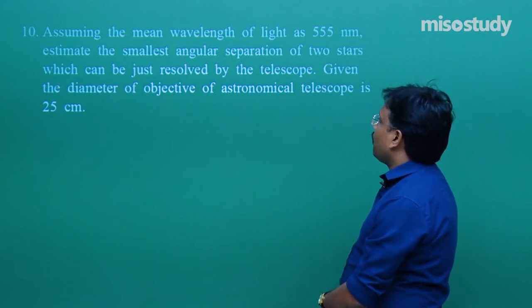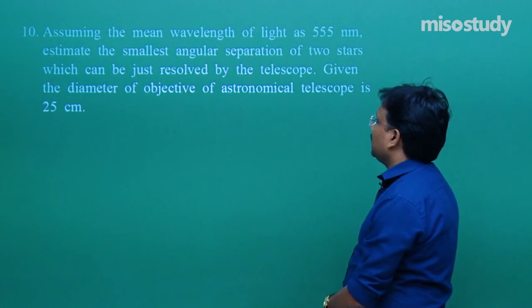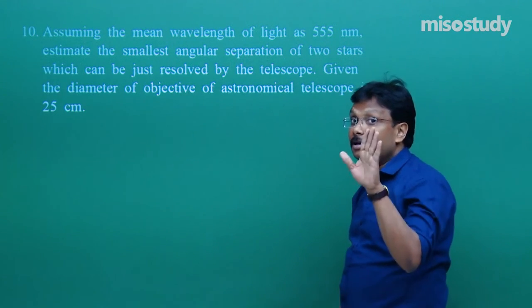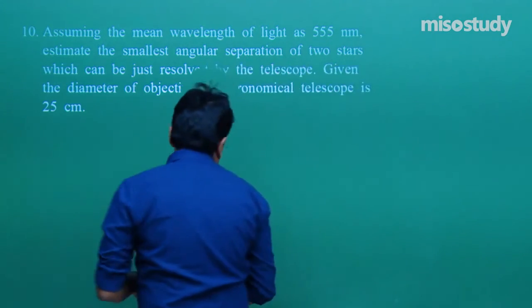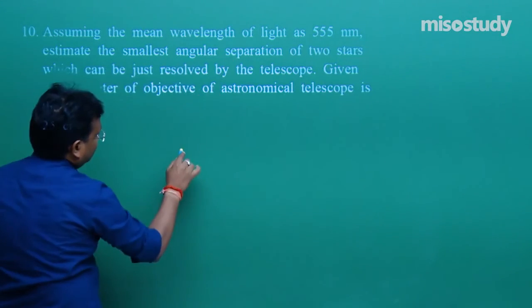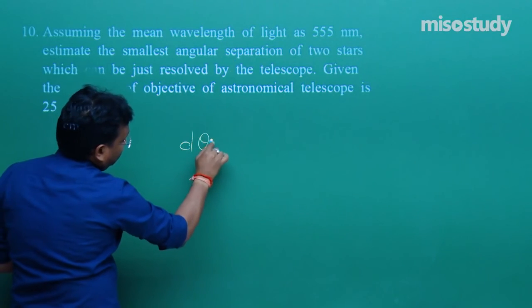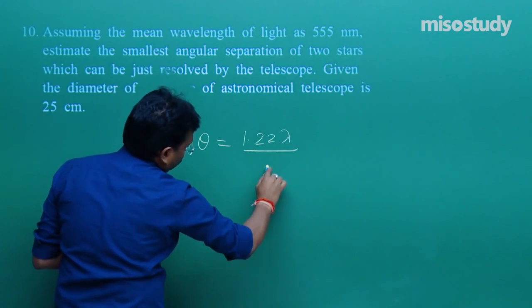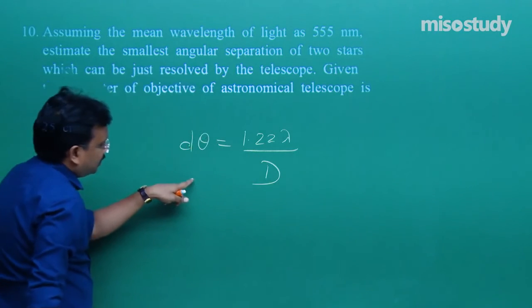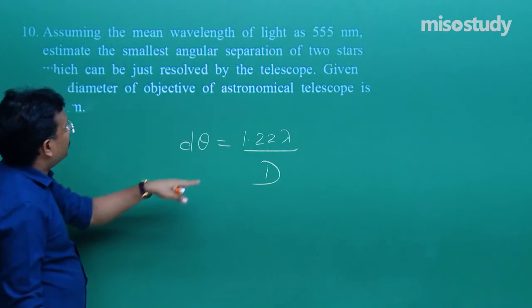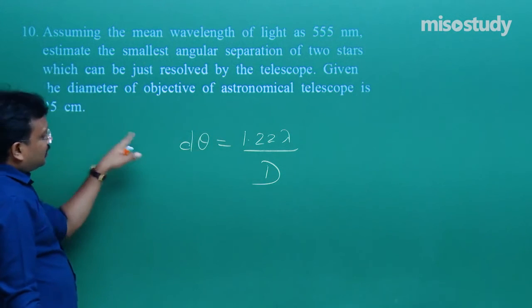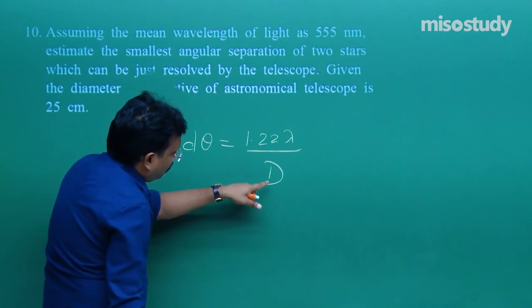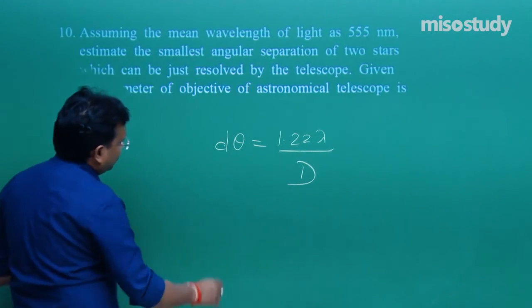Given the diameter of the objective of the astronomical telescope is 25 centimeter. So the solution of this question is, d theta is equal to 1.22 lambda by D. Fine, lambda value is given and this D value is also given, that is 25 centimeter.